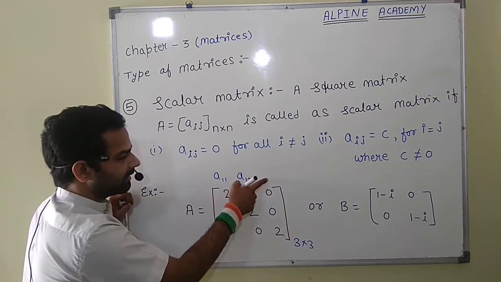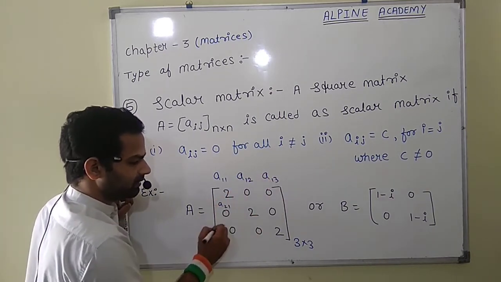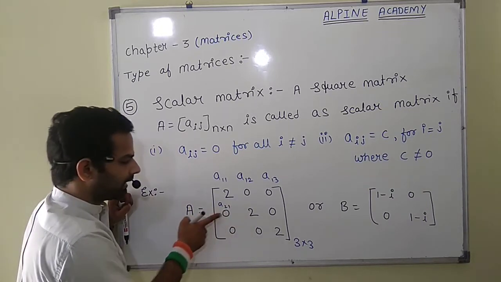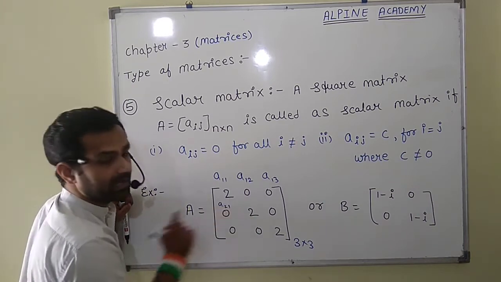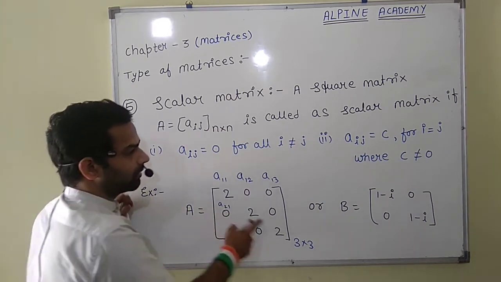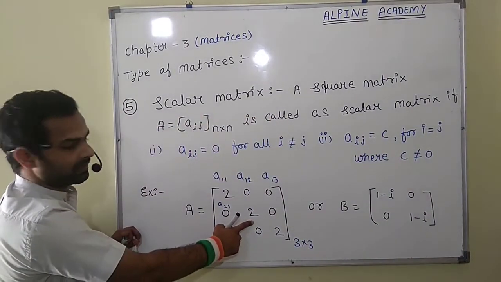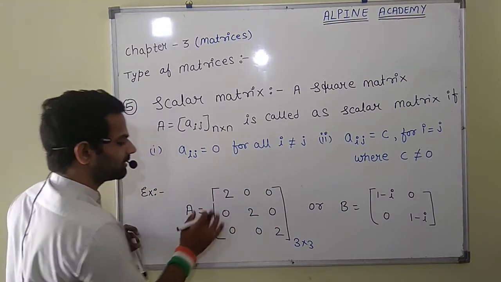In the same manner, A13, 0, A21, 0, A22. Again, A22, the second element of the second row, the element of the second row and second column. So A22, where i is equal to j, so Aij must be equal to c, and this value of c is the same for all the elements. The value of c is constant.